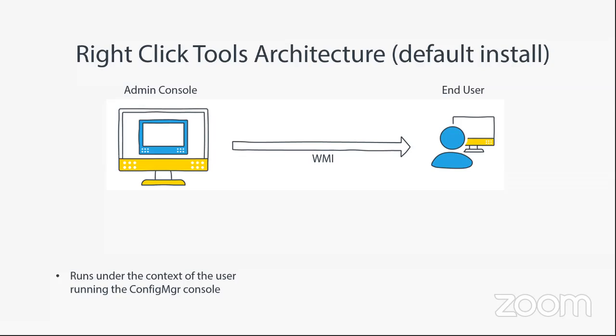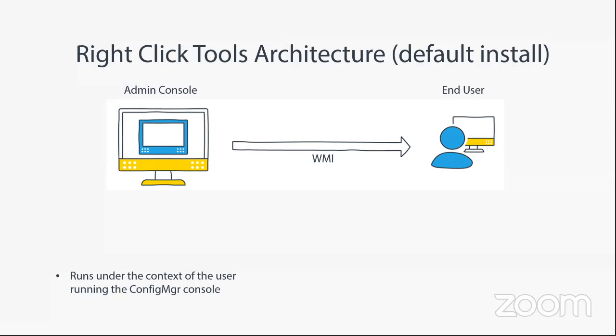And so we have a config manager admin console with the right-click tools installed, and the config manager user runs an action, and that action will actually reach out directly to the remote devices via remote WMI, remote registry, admin share, any sort of remote ports that it needs. And everything is running in the context of that config manager console user.